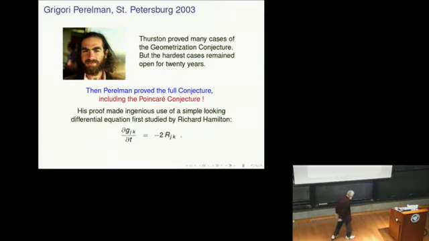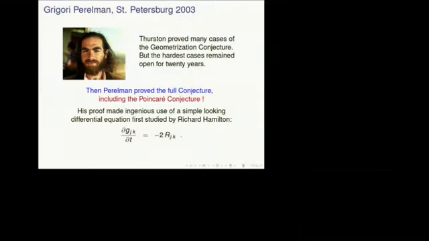But in general, the problem is that this Ricci flow leads to all kinds of singularities which are extremely hard to handle.